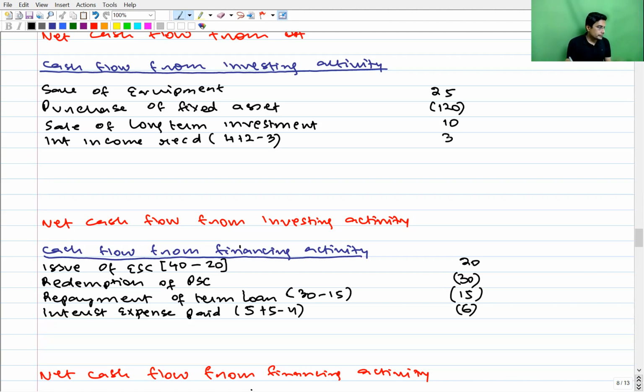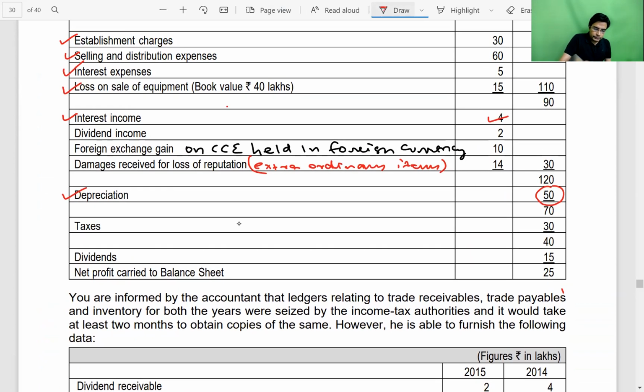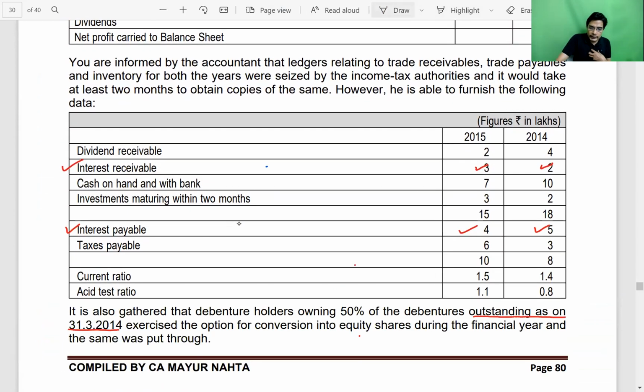Next, dividend income. There is again an adjustment in dividend income also. Some dividend is receivable. So again, the amount which is appearing in the P&L account cannot be taken as dividend received. 2 is the dividend which we have earned, but how much we have received will be found by using the opening and closing outstanding.